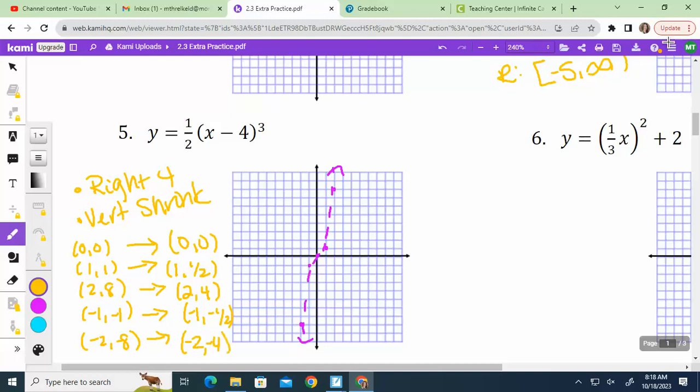I know a lot of you are doing this step in your head, which is great. I don't mind a bit, but if you are struggling with the stretching and shrinking, take a second to write out these ordered pairs.